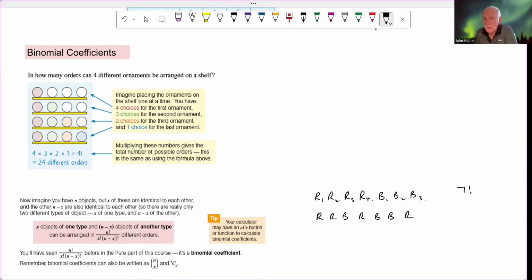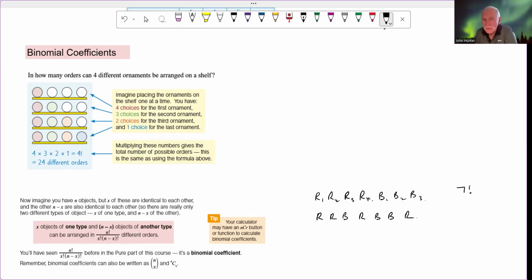However, we're not interested in what order the R's are. Is it R1, R2, R3, R4, or R3, R1, R4, R2? It's not going to matter to us, so we need to factor that out.